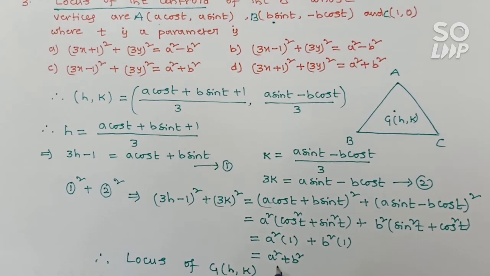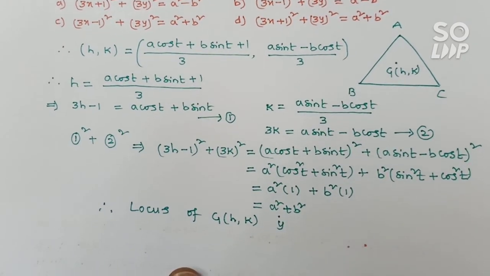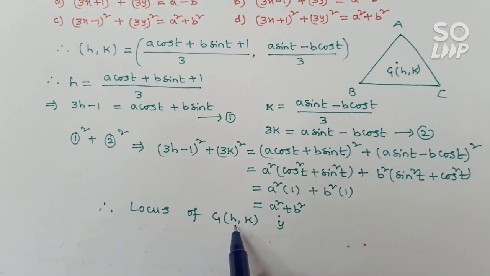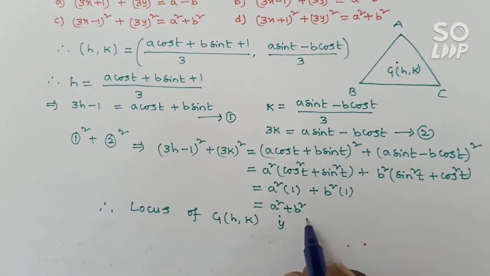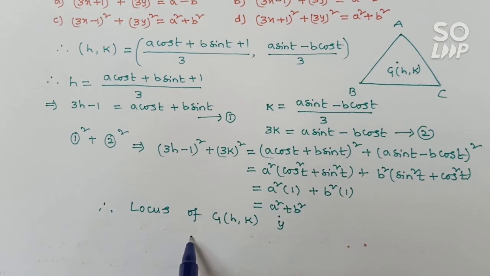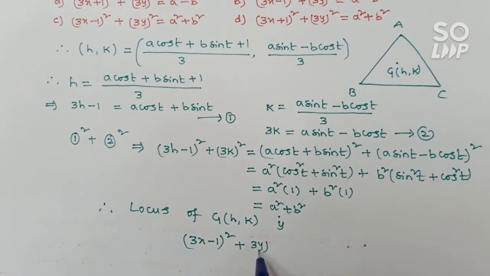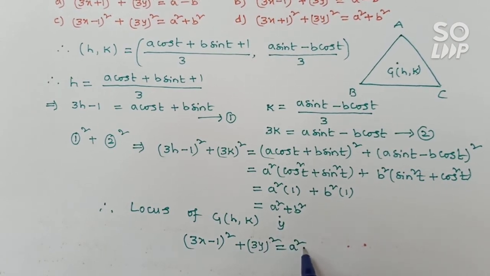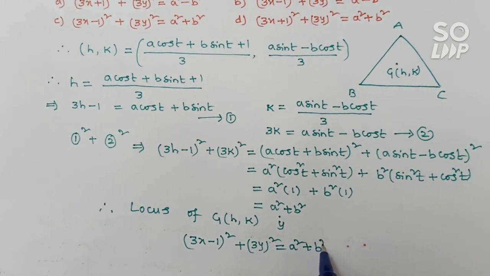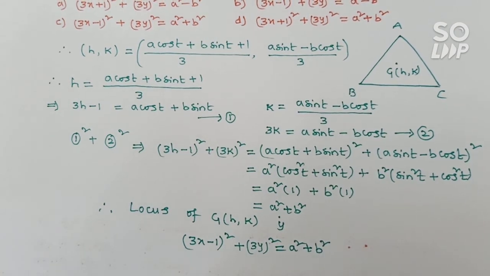Here you replace h by x and k by y. So this value will be equal to 3x minus 1 whole square plus 3 into y whole square is equal to a square plus b square. This is the final solution.